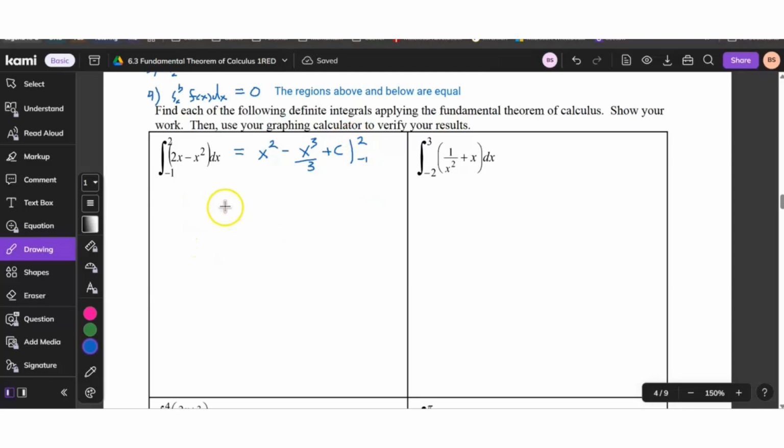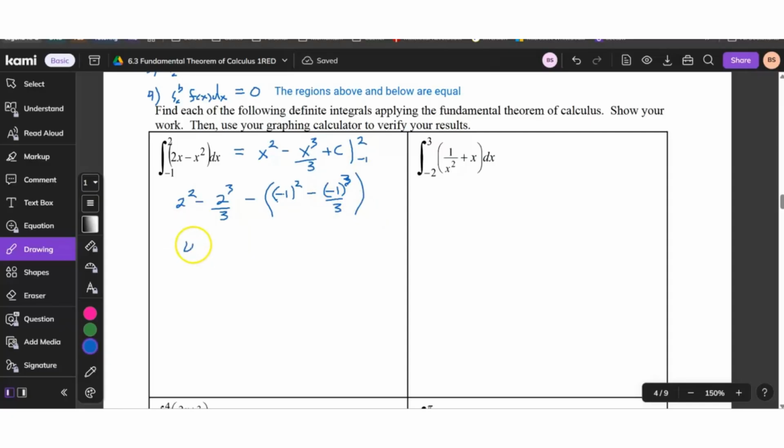So this is going to be 2 squared minus 2 cubed over 3, minus (-1 squared minus -1 cubed over 3).